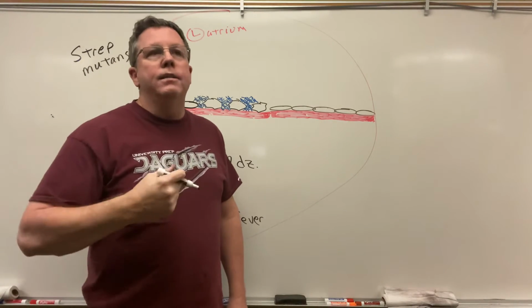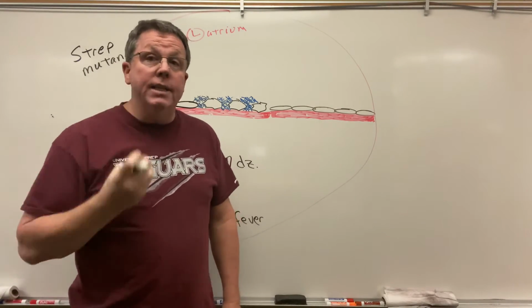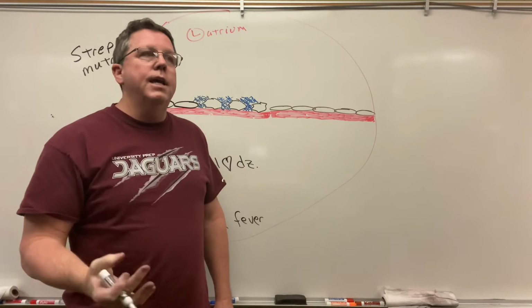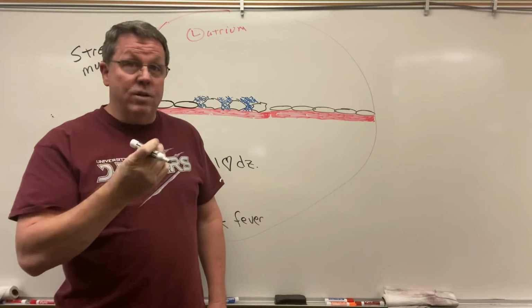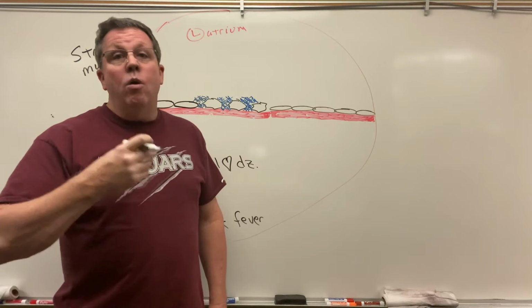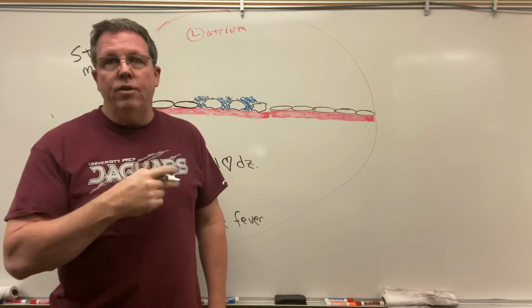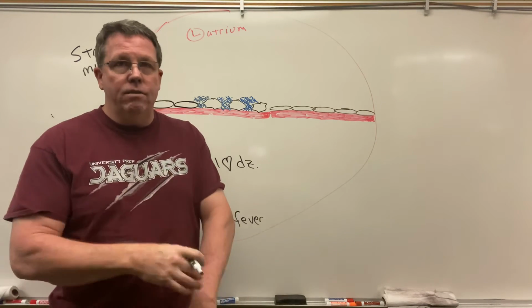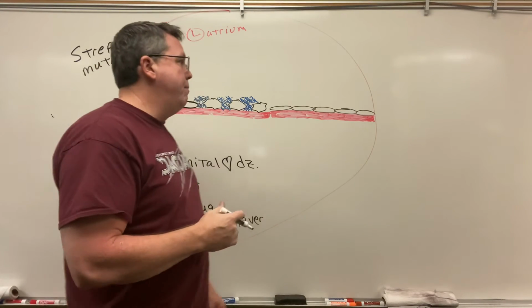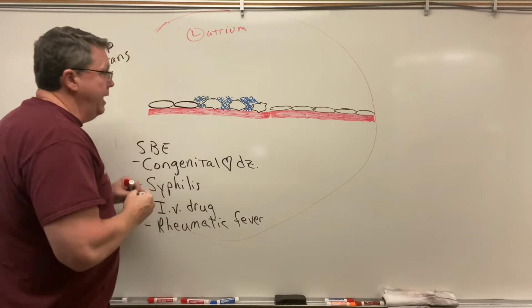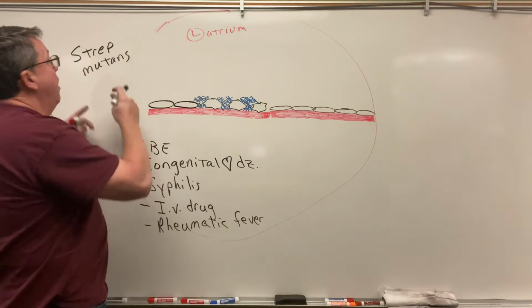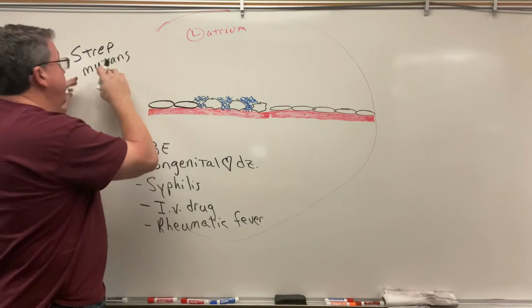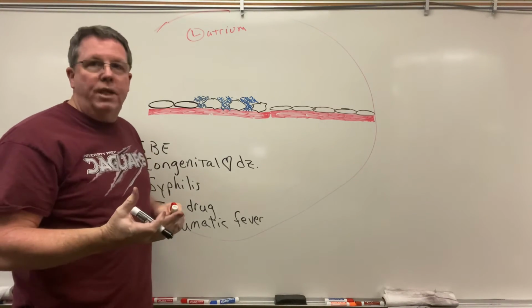Let's say you were eating something and you cut the inside of your gum. Or let's say you were brushing your teeth and you cut the inside of your gum. Or let's say you got a piercing. This can also happen from piercings, when you get your skin pierced. So what can happen is now you get the bacteria, the strep mutans gets into the bloodstream.